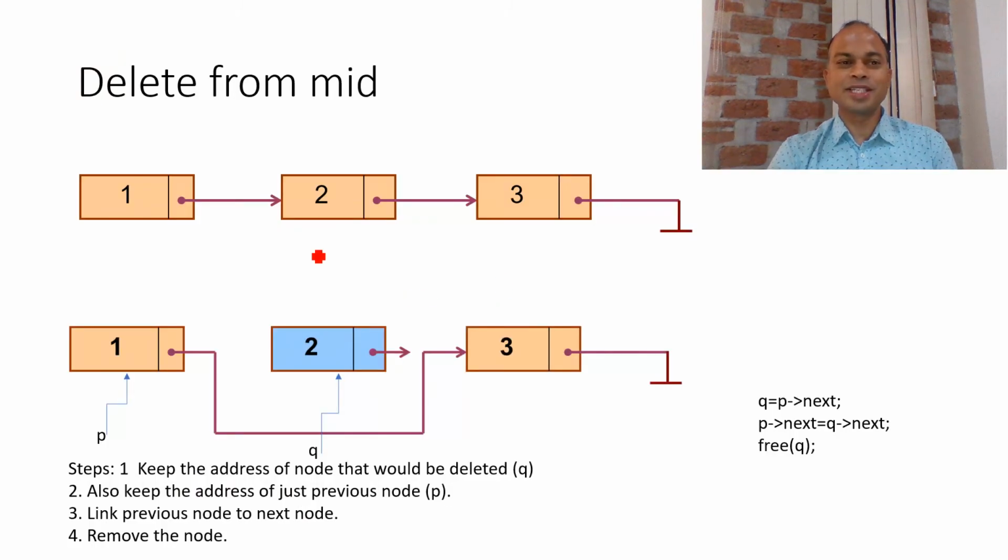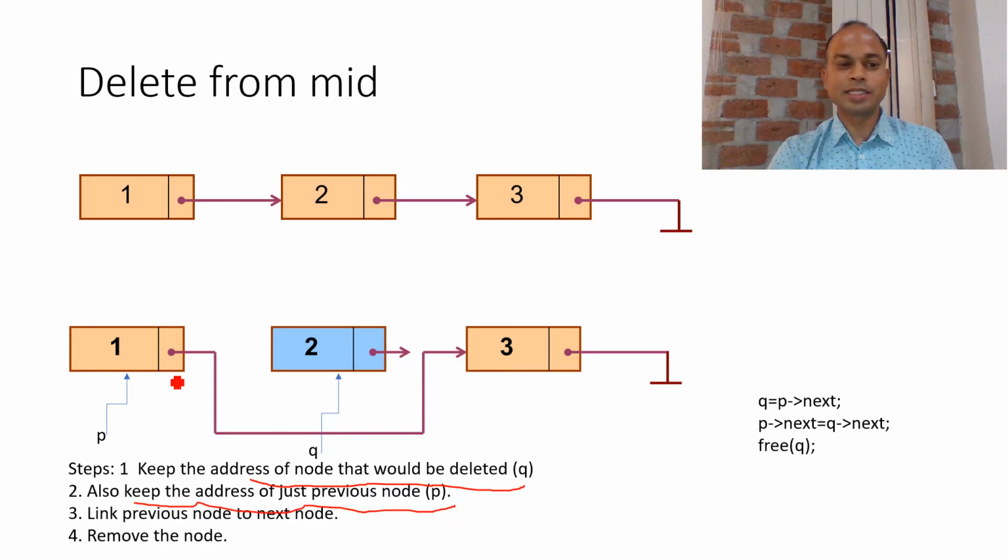Now we are discussing delete from mid. Say we have a total of three nodes in the linked list, and we want to delete this particular node. Then how can we perform this task? First of all, we have to keep the address of the node that would be deleted. Say we want to delete this node, and we have to keep the address of this node. And the next point is, we have to keep the address of the just previous node.